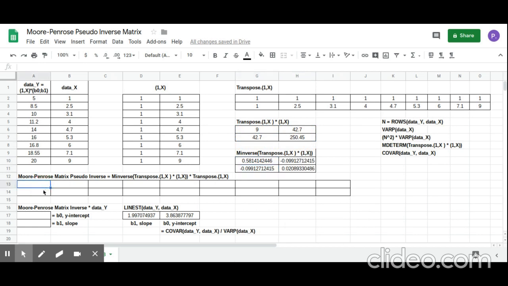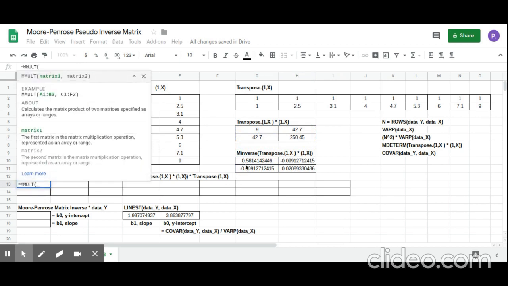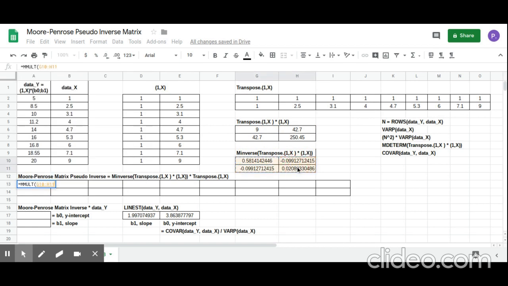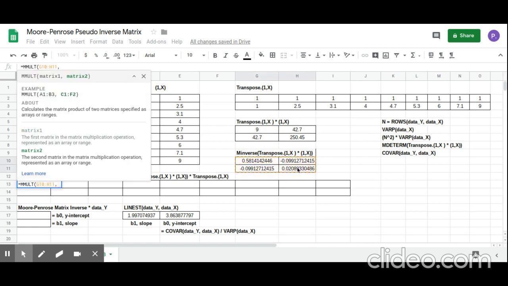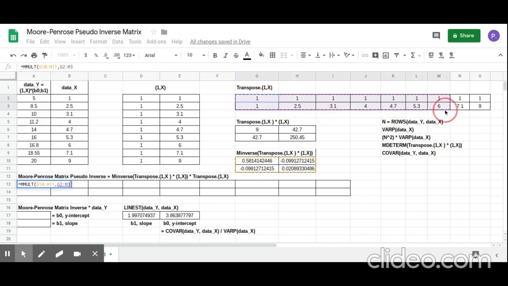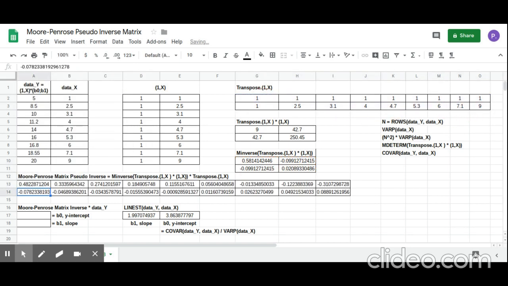So we have this MINVERSE and the transpose. This is the Penrose pseudo inverse, which we can multiply directly to the y values to get the values of the coefficient.